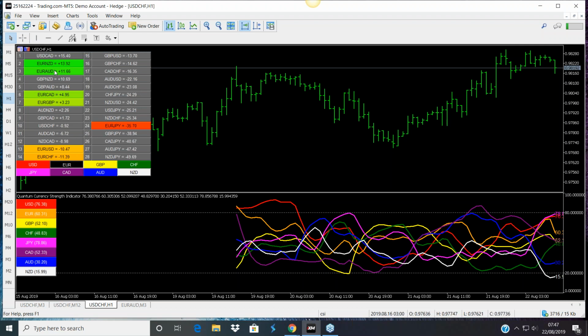Now, don't forget, this is the hourly chart, so this is still reflecting when the euro has been bought in the Asian session. It hasn't actually started to roll over on the matrix, but it tells us what the position is for the individual pairs.